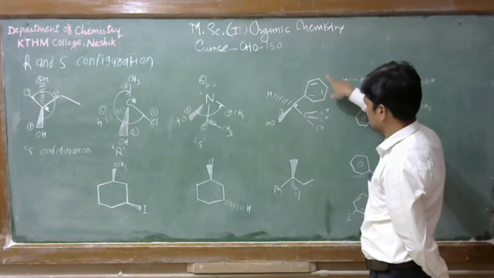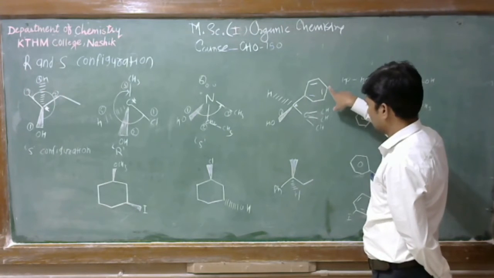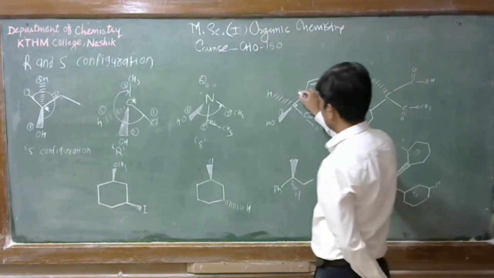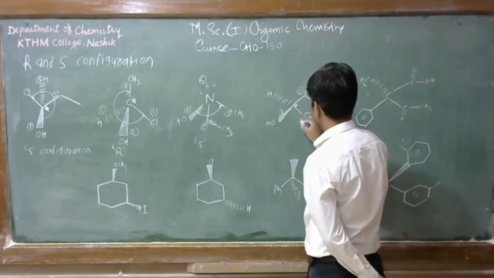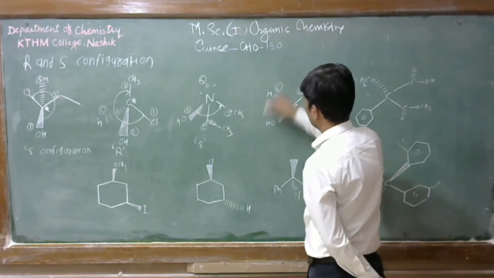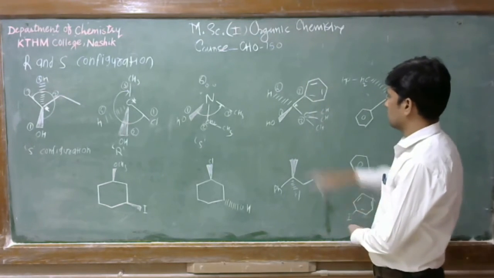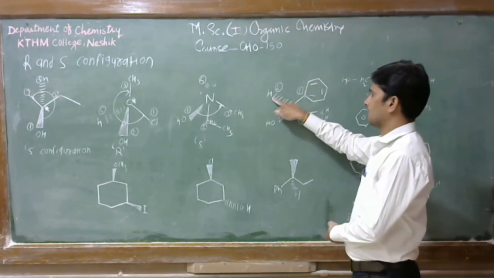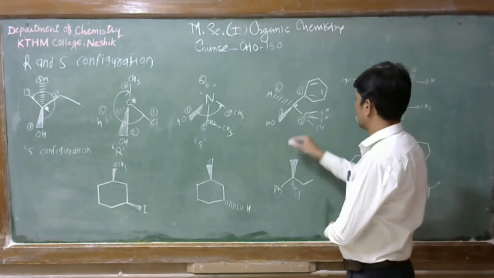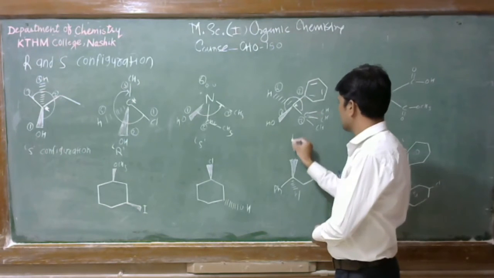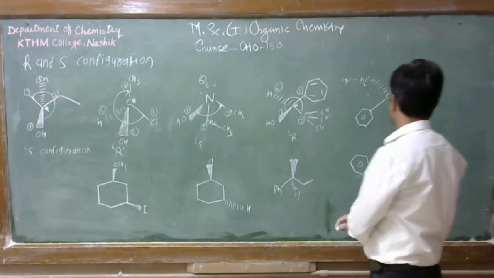But this 3CH group has next atom carbon, this CH group has next atom hydrogen. So therefore this is second priority, this is third priority, and fourth priority goes to the hydrogen. This is clockwise, and hence this is the R configuration here.